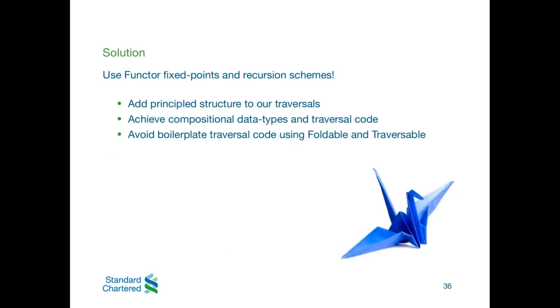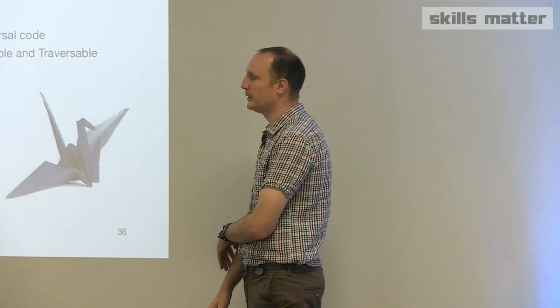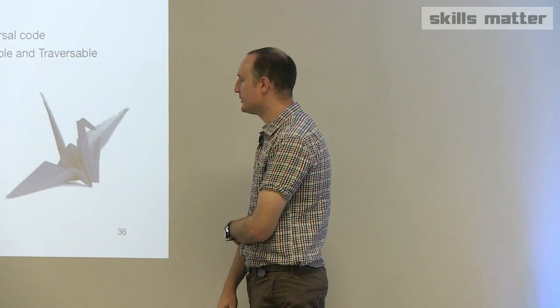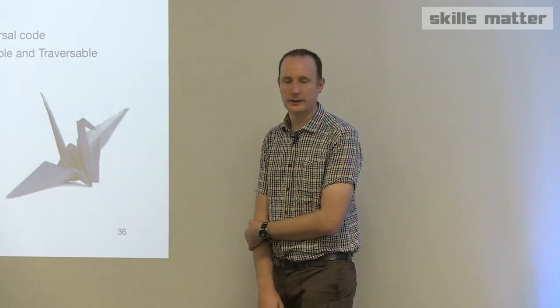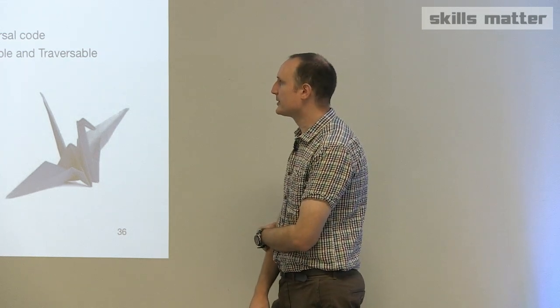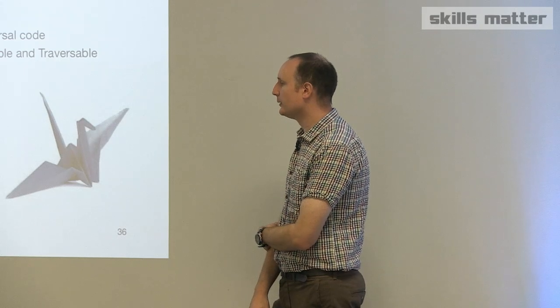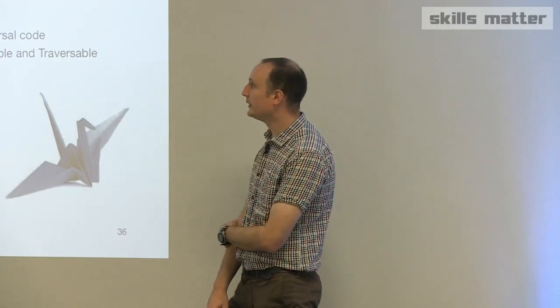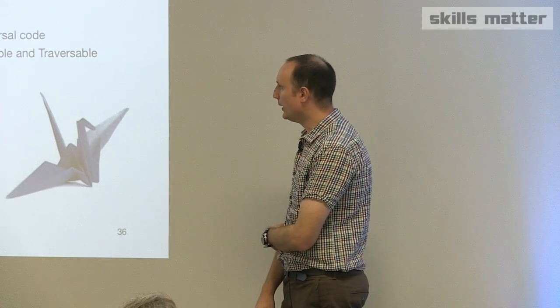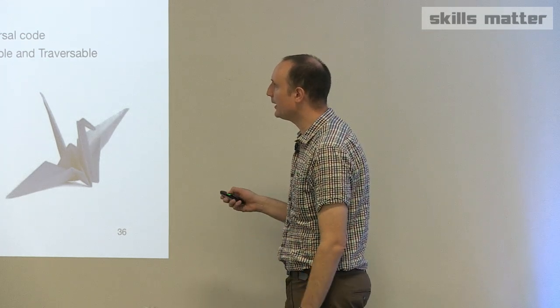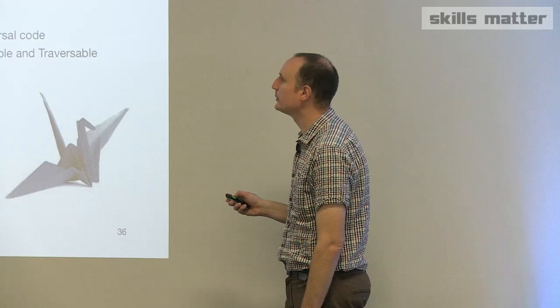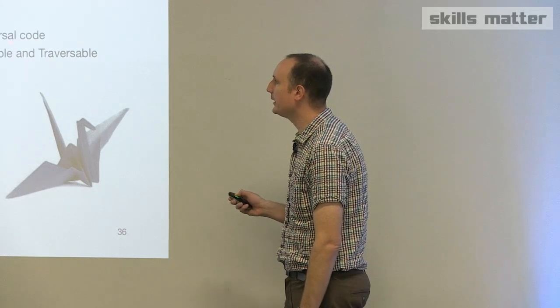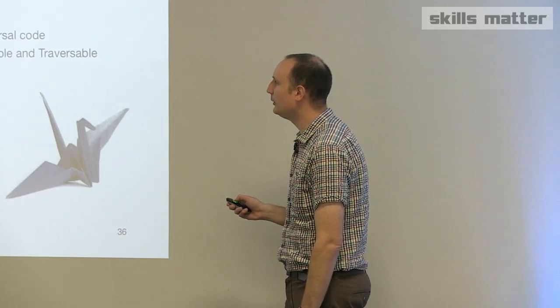So one thing that I've been using for many years, and I used this at Barclays, and all the chaps that are doing Haskell on the FPF team use this, was using functor fix points and recursion schemes. And I like them because they add principled structure to our traversals. We can get compositional data types and traversal code.